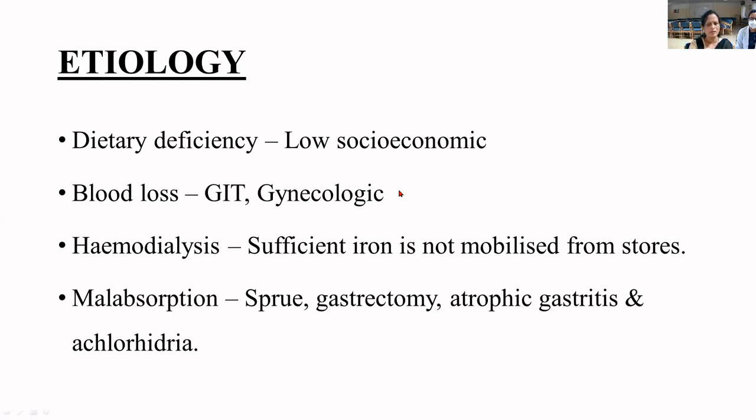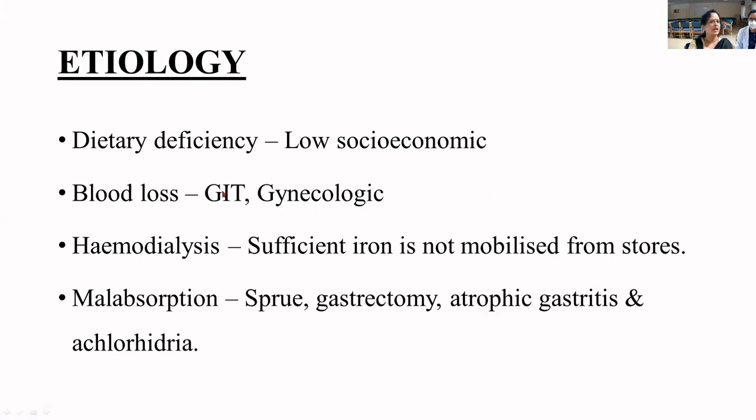What happens here is these women do not meet the doctor as soon as they start abnormal uterine bleeding. By the time they come to the hospital, they would have lost so much blood. Normal menstrual loss is always there, but this is excessive loss.